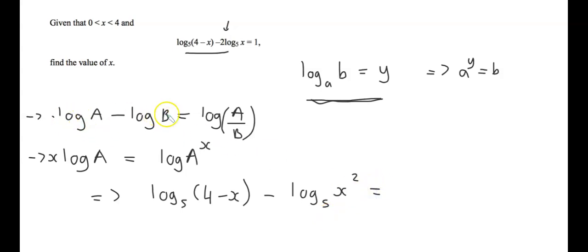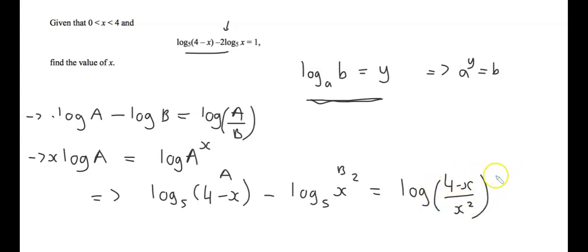So we're going to use this rule here. So the way you could do that is you can say that this is your a, the 4 minus x, and then the b is all of x squared. So using this rule up here, then these two logs will be combined as 4 minus x over x squared.